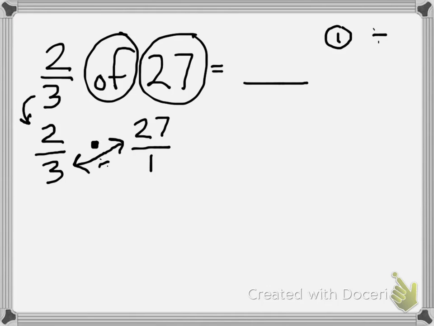This is our divide. It's going to get kind of messy, but I hope you can follow along. What goes into 3 that also goes into 27? When I say that, I'm asking you, what is a factor of 3 that is also shared by 27?